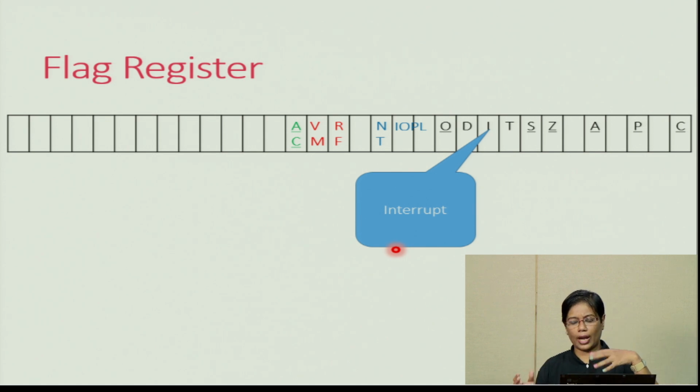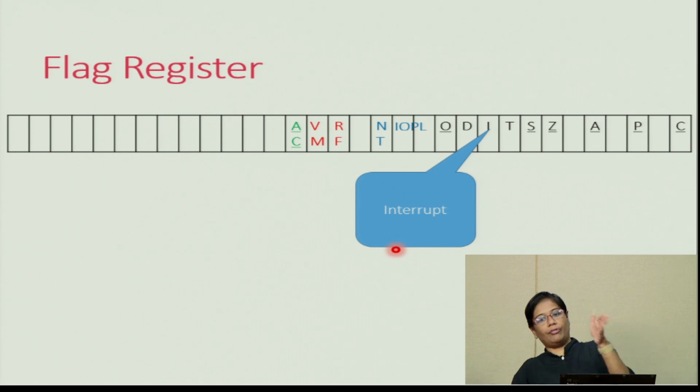You can call a subprogram, or an interrupt can be raised to the processor. An interrupt can be an external signal. It can be an internal error which caused an interrupt, or it could be an internal instruction which caused an interrupt. An interrupt, when raised to the processor, will cause the processor to stop whatever it is doing currently and branch to a different address, which is called the interrupt service routine address or the ISR address.